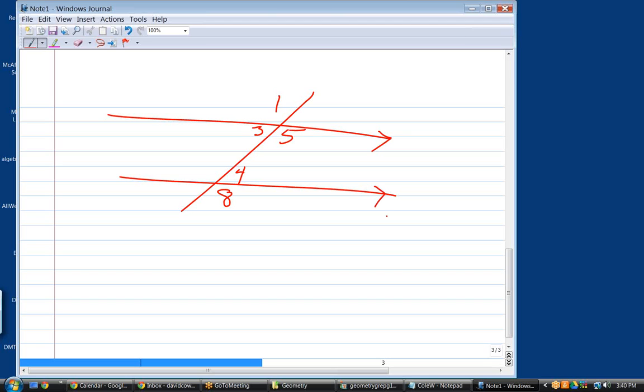And then finally they give you the perpendicular transversal, which is where if you have a perpendicular transversal, if it's perpendicular there, it's perpendicular in all 8 spots. In other words, they come up with 4 different theorems to say the same thing. The problem is you're going to have to know all 4 of them.